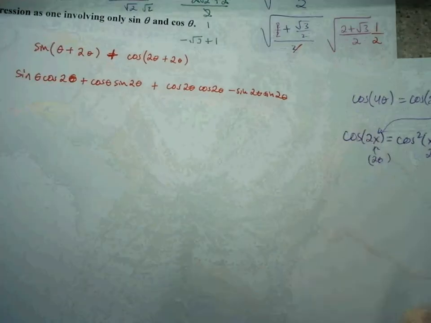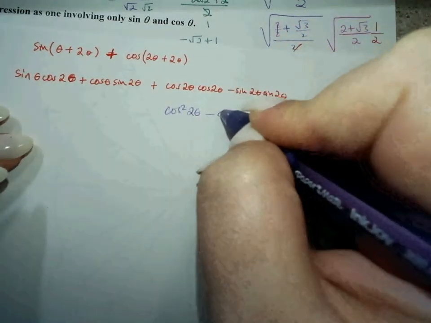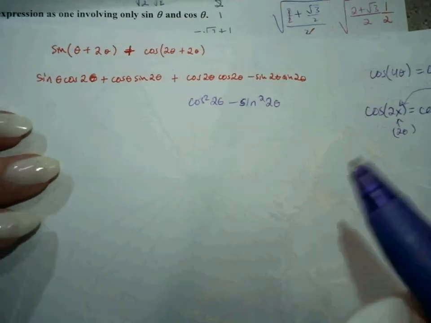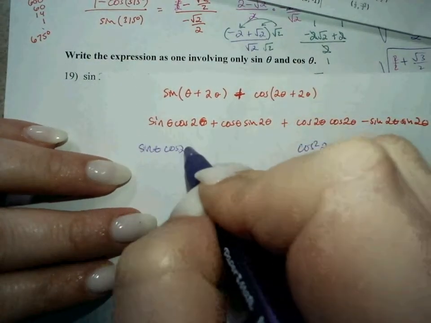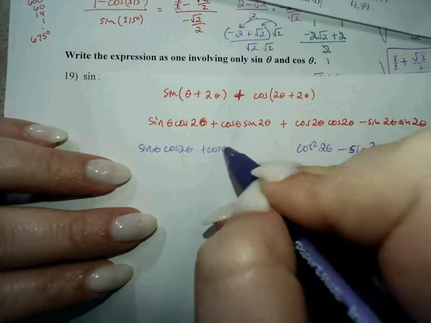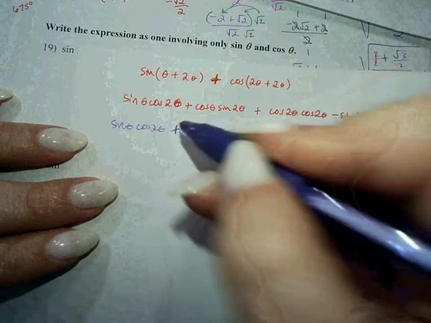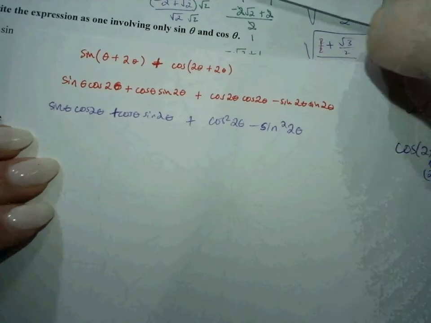But my x is 2 theta, as it is right here. Then that means that's 2 theta and that's 2 theta, and you can see cosine squared minus sine squared. So cosine squared of 2 theta minus sine squared 2 theta. And then we've got sine theta cosine 2 theta plus cosine theta sine 2 theta.